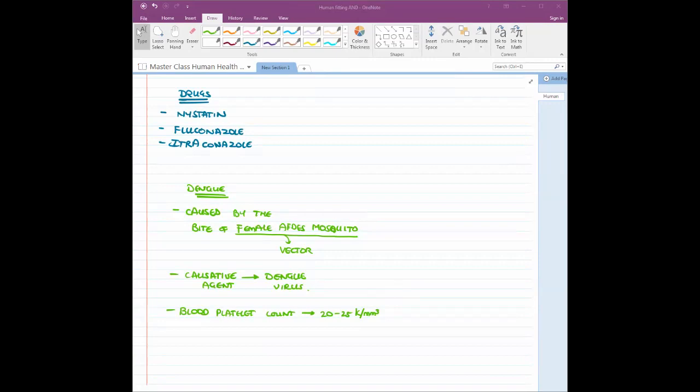The only treatment is to give the person ample amounts of rest, so that his body can take care of it and he will recover. Otherwise, there is no treatment to cure this at all. So always remember this. That is dengue. That is what we needed to know about dengue.